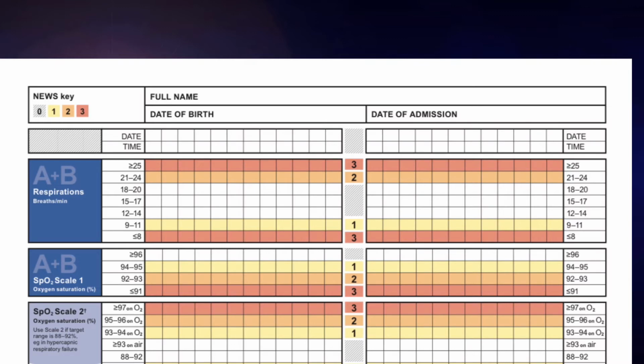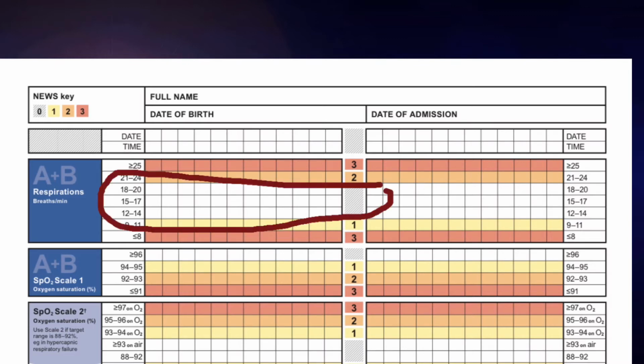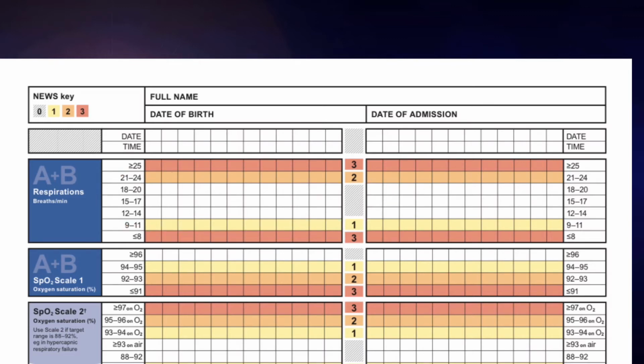Okay, then if the patient has a respiratory rate of 22, then you have to write in the 21 to 24 column. Okay, so the NEWS score would be 2. Then if the patient is between 12 to 20, the NEWS score in terms of respiration is 0.